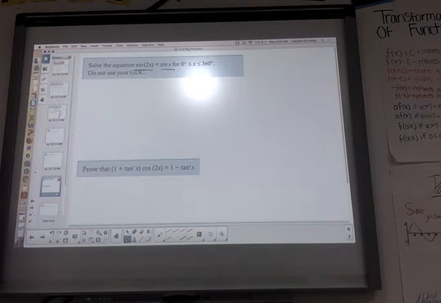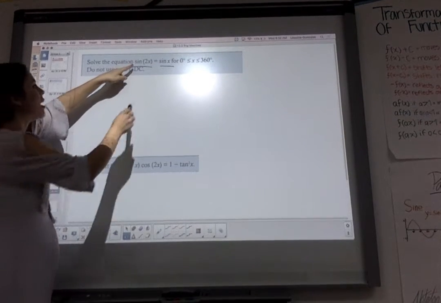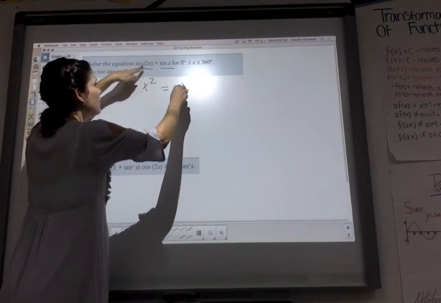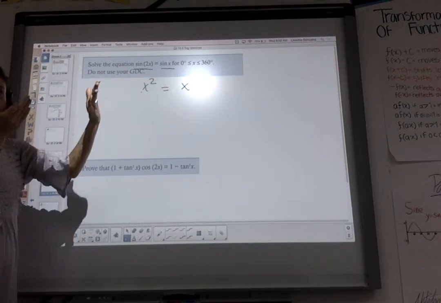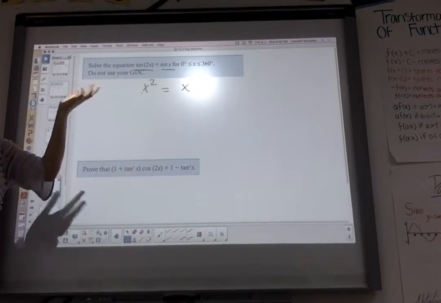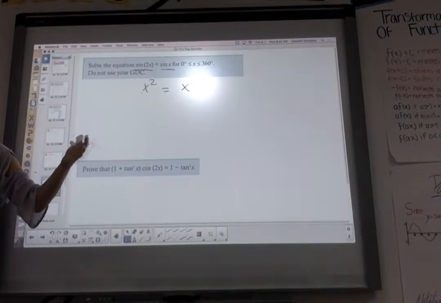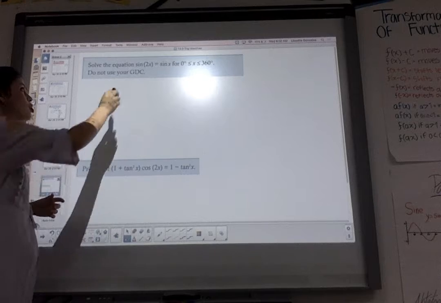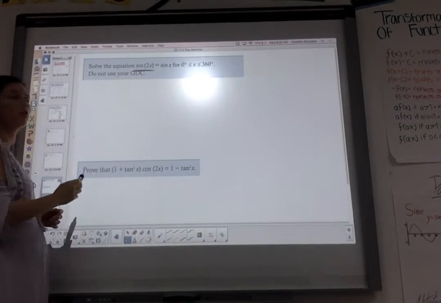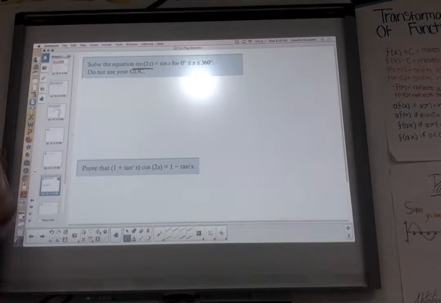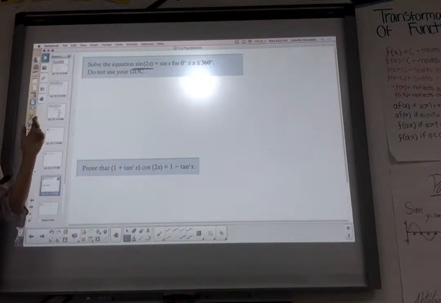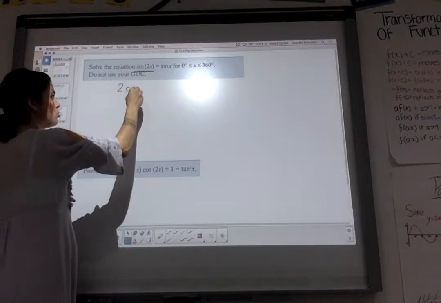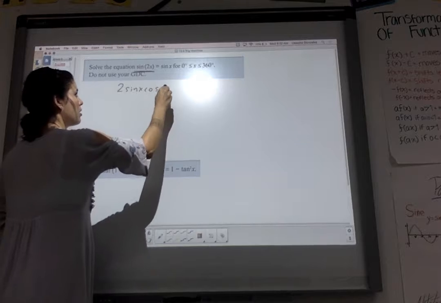You can only combine like terms, like you can't combine an x squared with an x. So what can I do right here? Replace it with the double angle formula, which is 2 sine x cosine x.